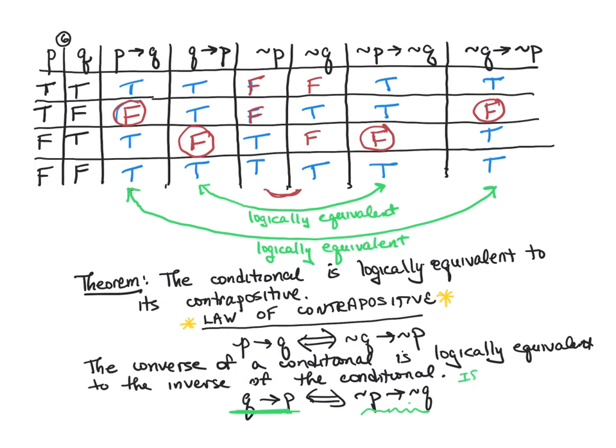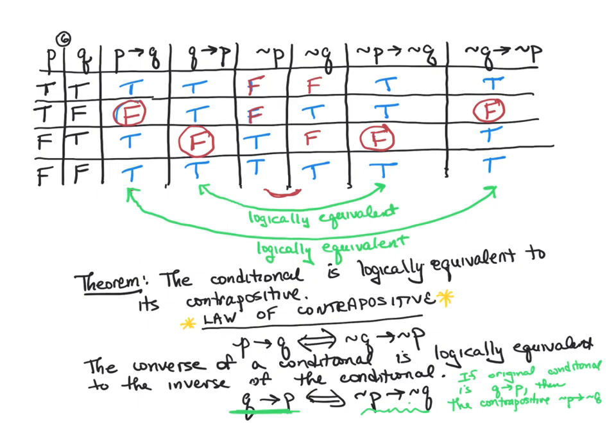If the original conditional is if Q then P, then the contrapositive is flip and negate, and they're logically equivalent by the law of the contrapositive.